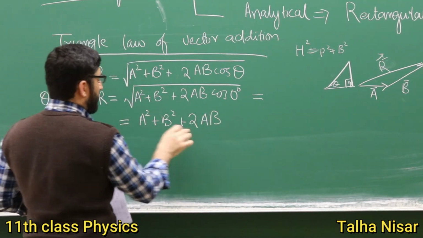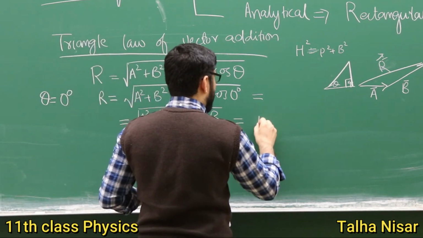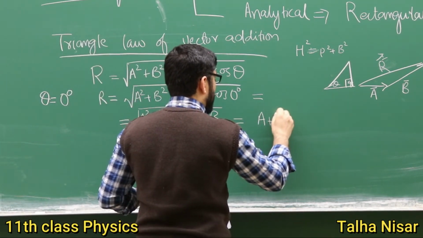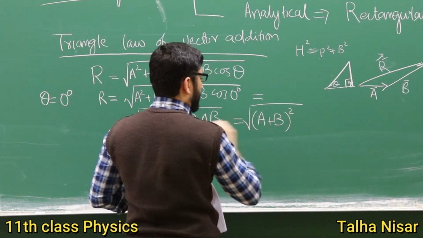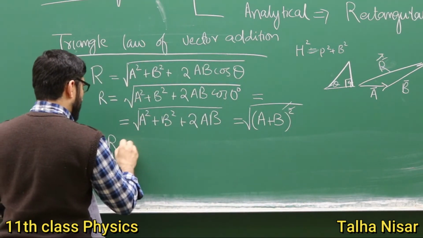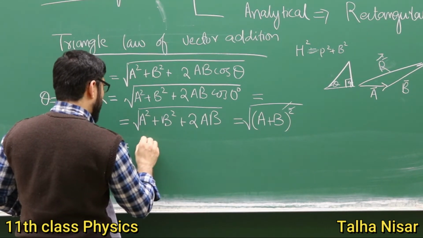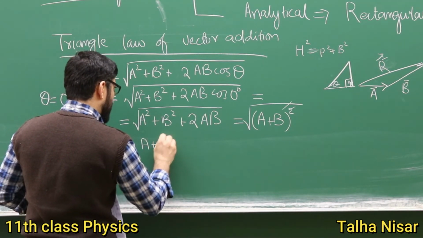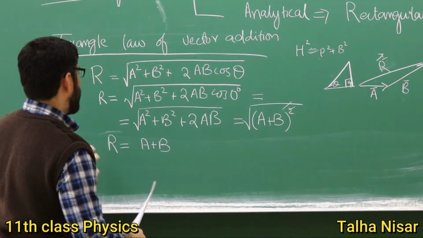This is the formula for A plus B whole square, and under the root they cancel each other. So the resultant vector is A plus B.